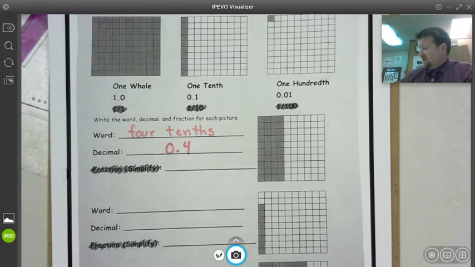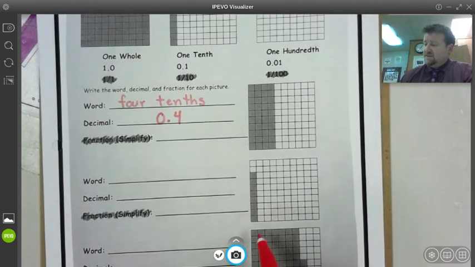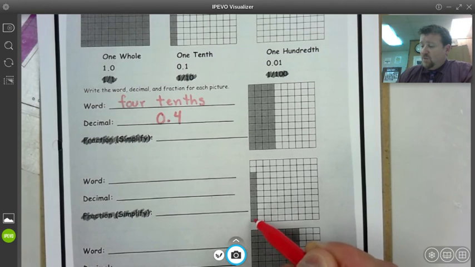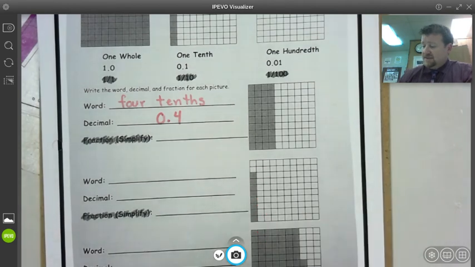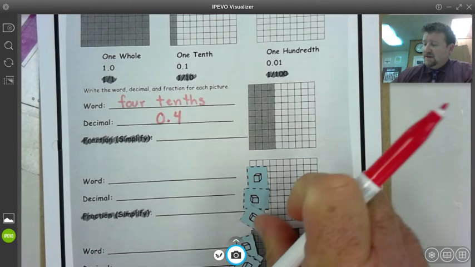The next model we're going to look at looks a little bit different. We can see that we have less than a whole row here, so we have to be very careful to count. We have 1, 2, 3, 4, 5, 6, 7, 8 of the little blocks. So the question I'm going to ask is, do we have a 10th yet?